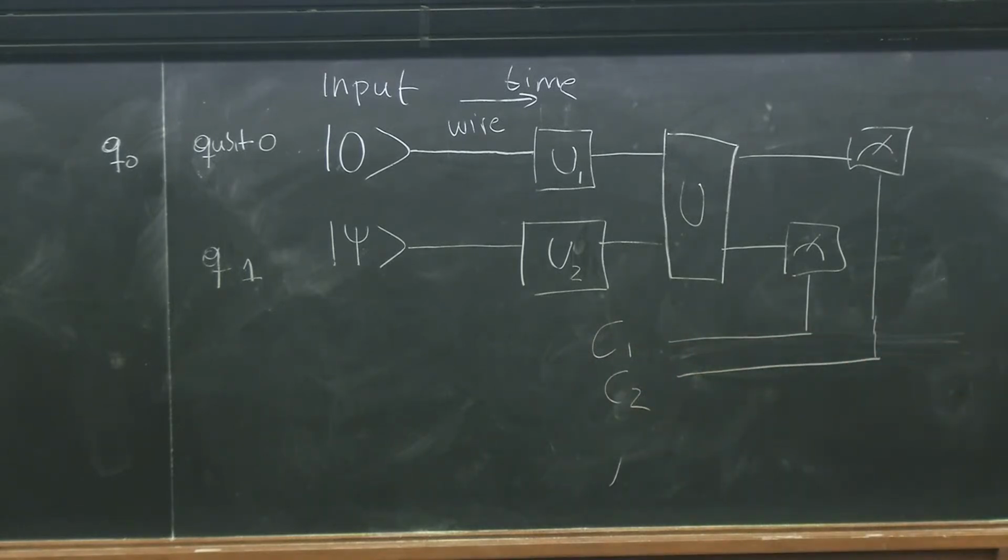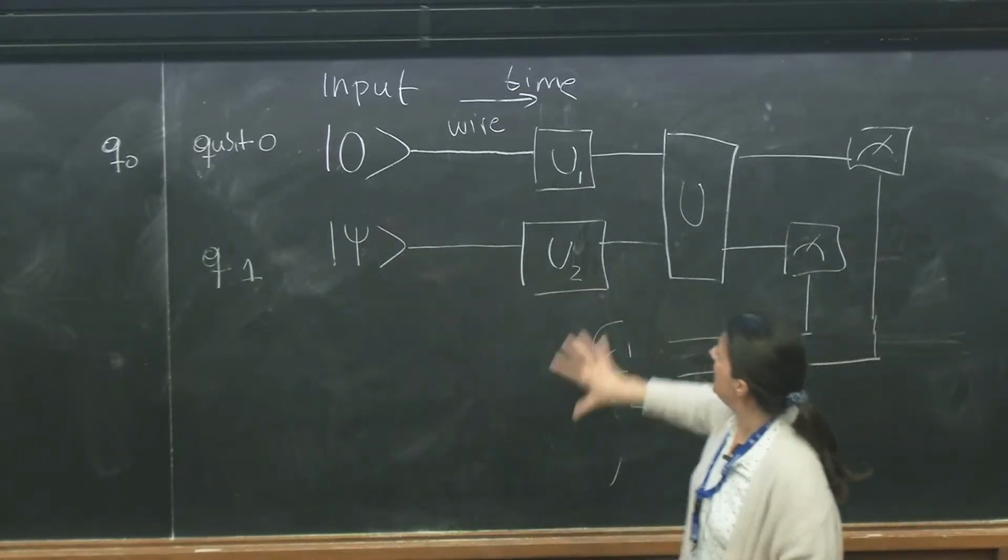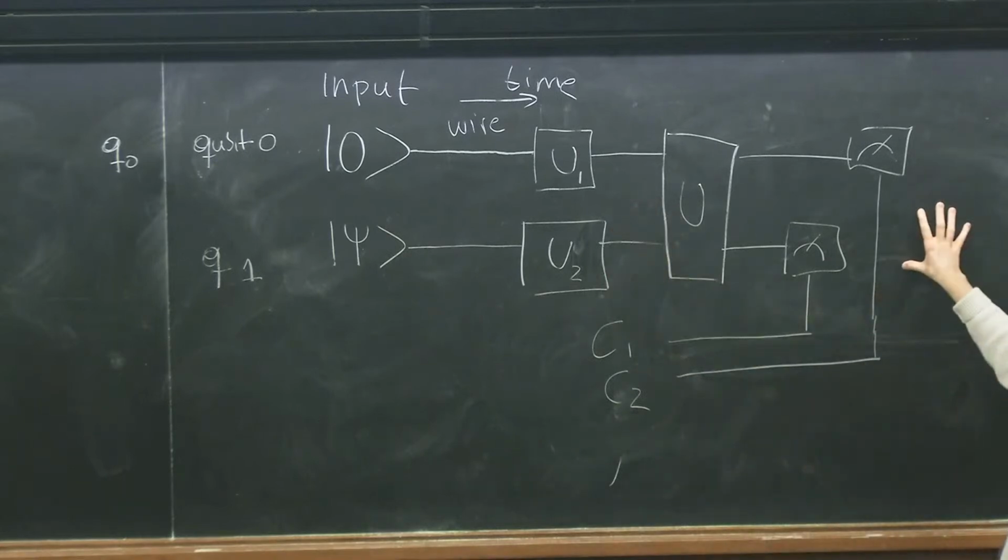What you can do is measure them out, right? During the school for the next 4 days, you will see algorithms that measure things out, and depending on what result you got, you can feed that back into your algorithm. So this is pretty cool. We'll do that quite a lot, for example, for quantum error correction and other algorithms. But this is your input, this is your algorithm, and that's your measurement function.